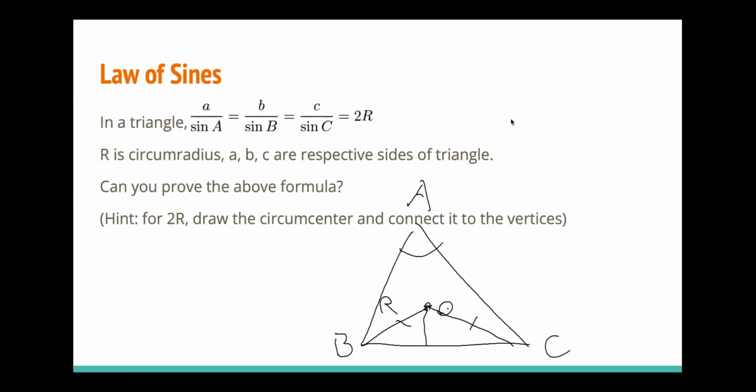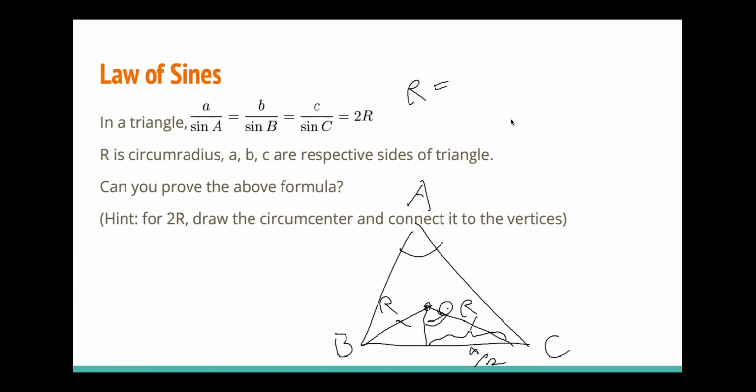So this small angle is equal to angle A because the whole thing is 2 of angle A. So this is R, this is A over 2, this little segment here. And this is angle A.